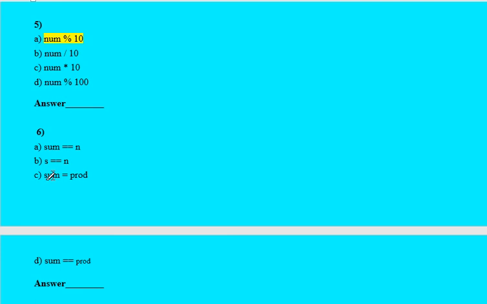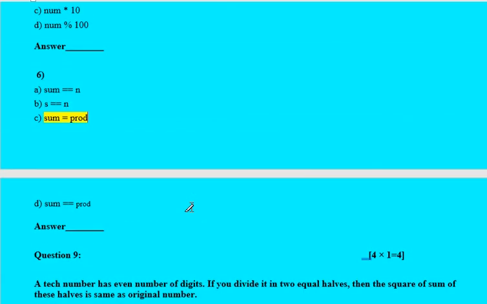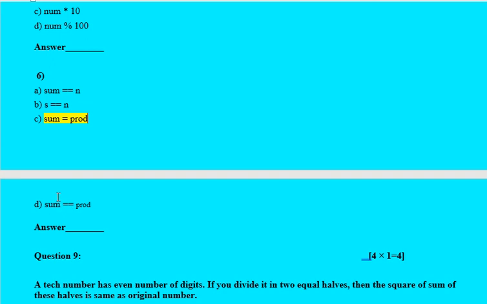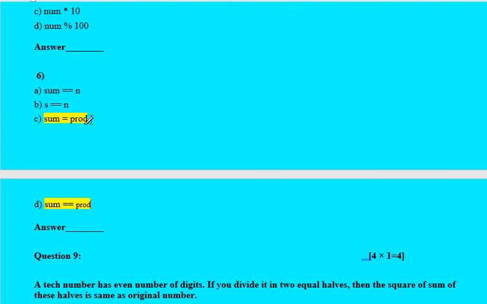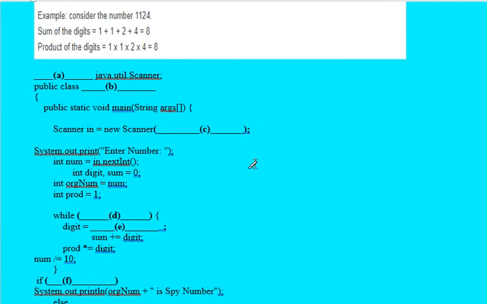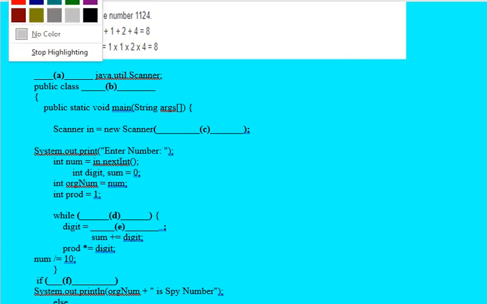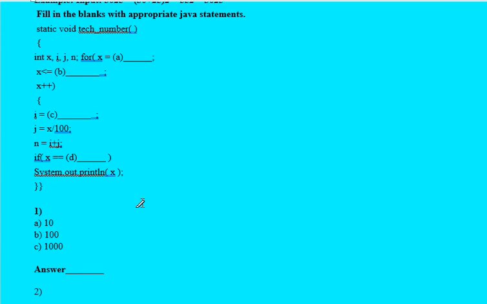Then here, since we are checking the sum and the product, I am giving this. Sorry, I will be selecting this one. Sum equal to product. Okay, so this is the question, and I hope you have understood the logic. So the aim is to give maximum mock test papers so that you understand the logic very well.